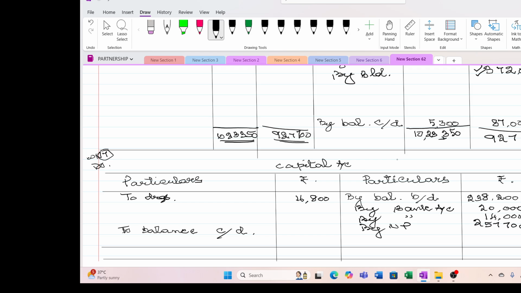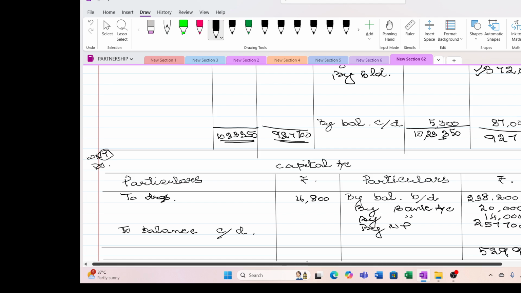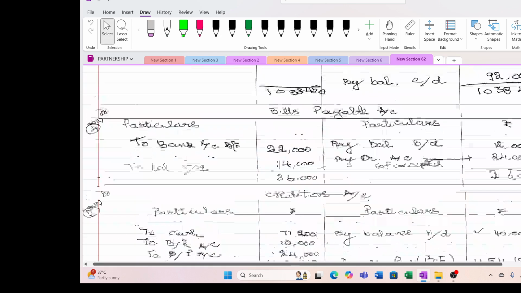So the total comes to 529,900. So we will take this balancing figure to our balance sheet.